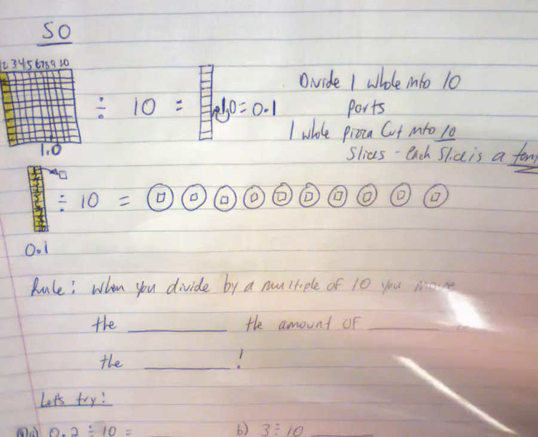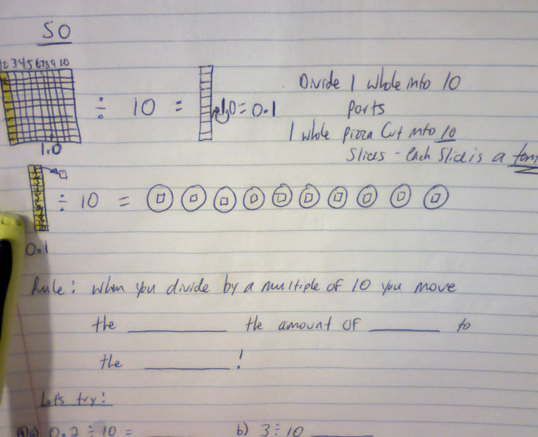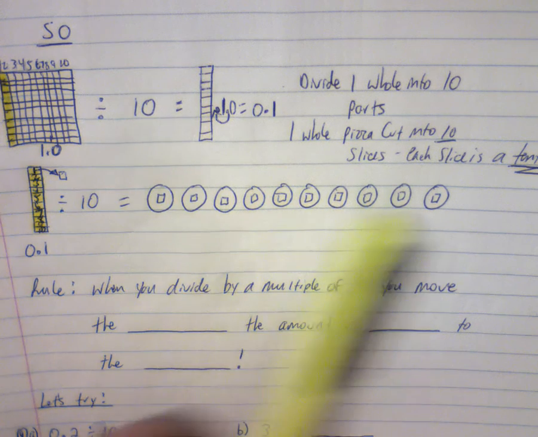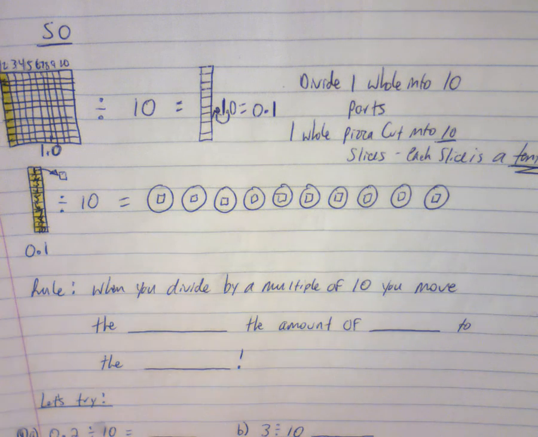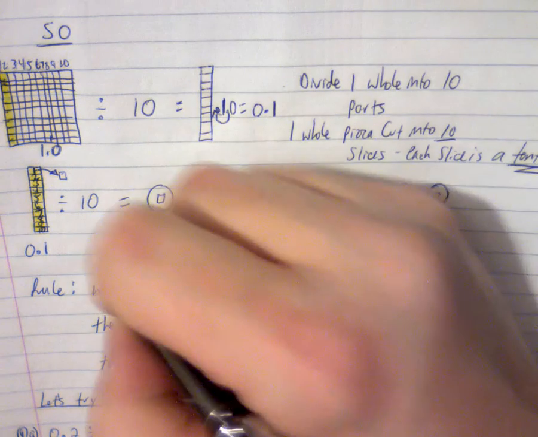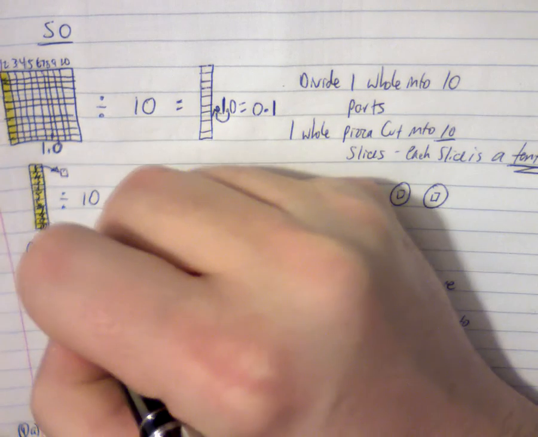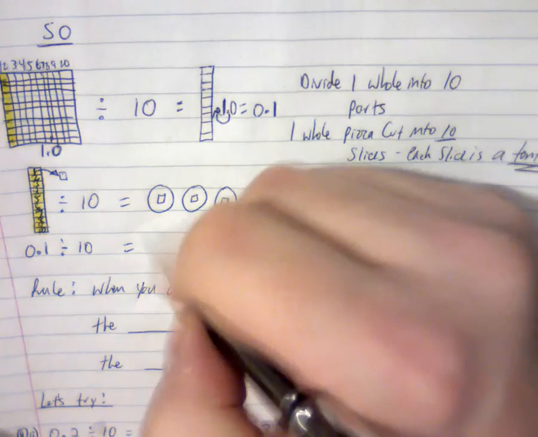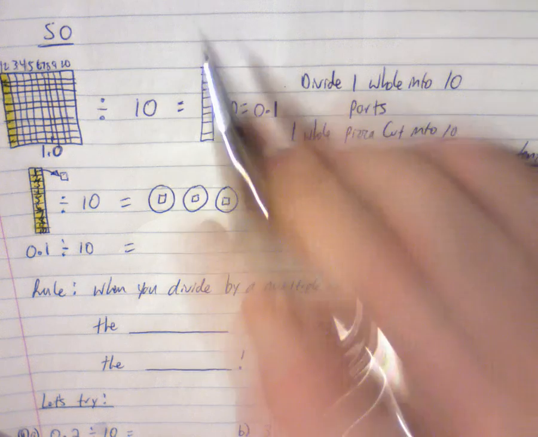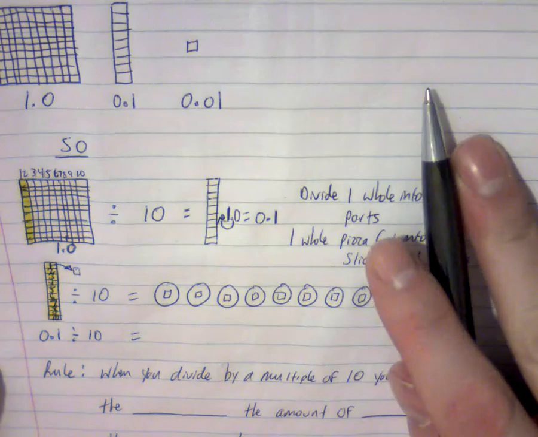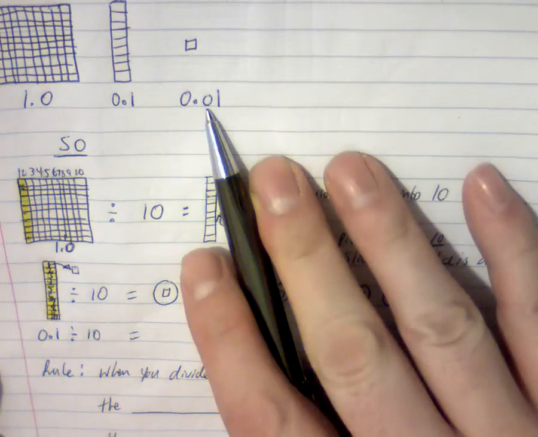And so all I'm doing is I'm just dividing this 10th block into 10 little ones blocks. So what do I actually get? Well, when I have decimal 0.1, I can say decimal 0.1 divided by 10 equals, well, you know that each one of these, if I look up here, is actually 1,000th.